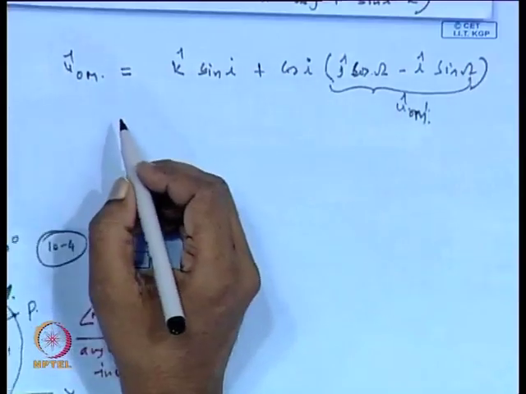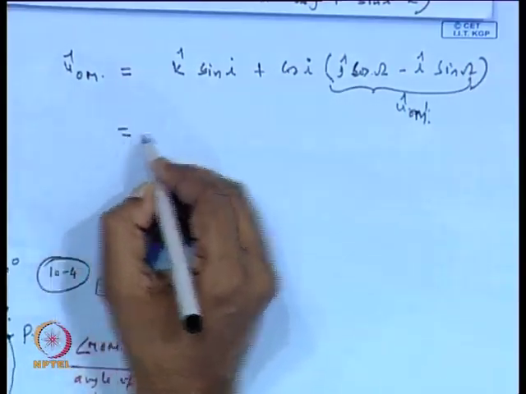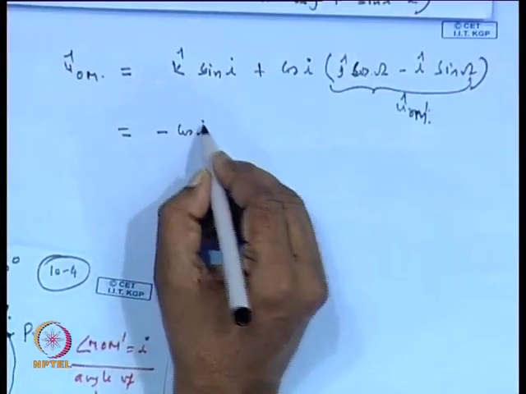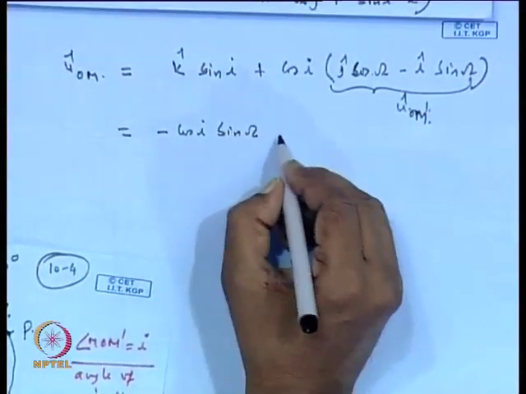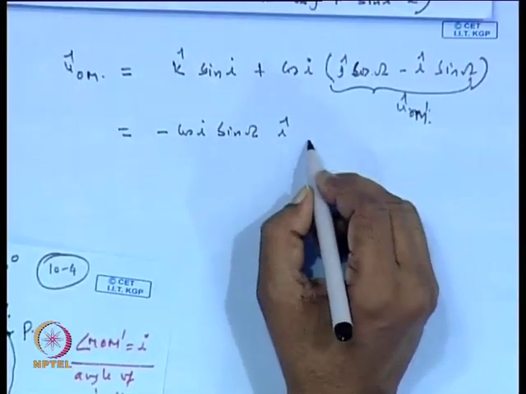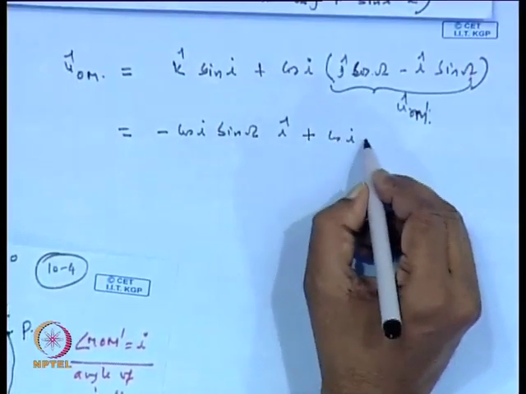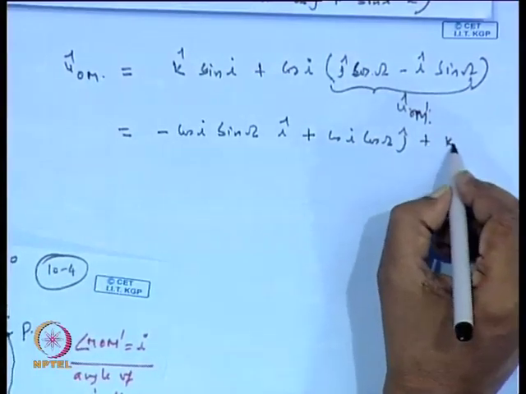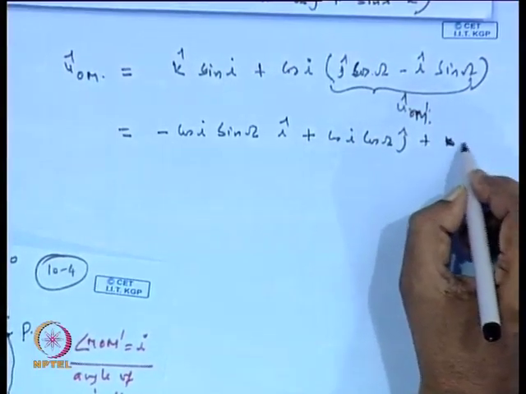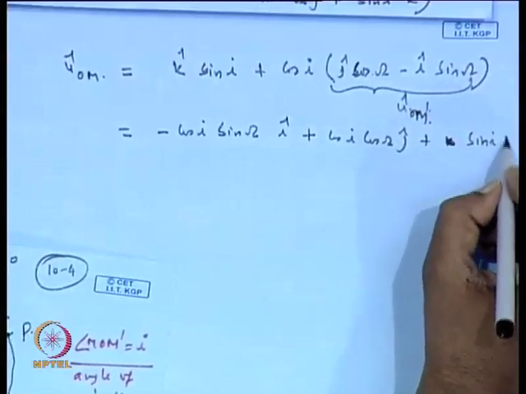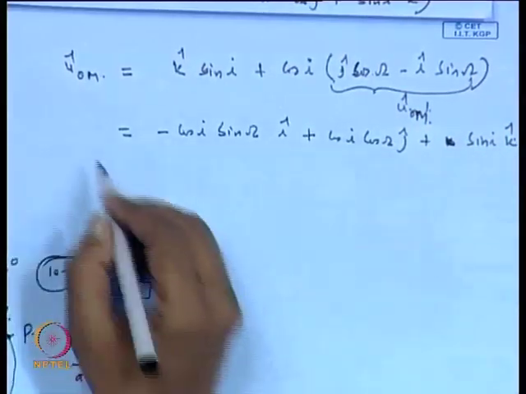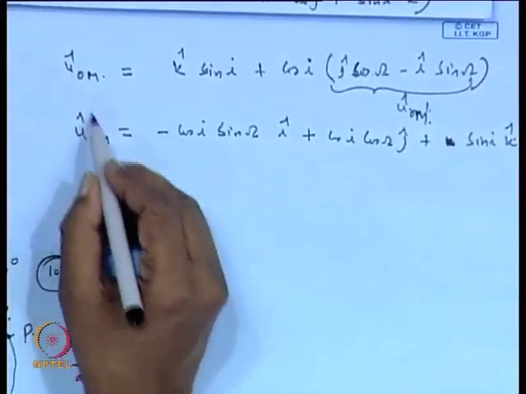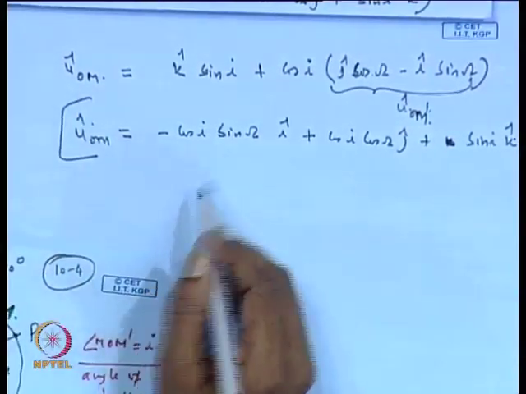So, now we resolve this. If we resolve it, this will result in cos I sin capital omega i cap plus cos I cos capital omega j cap plus sin I k cap. So, this is u_om, and this is what we have utilized in the previous equation.